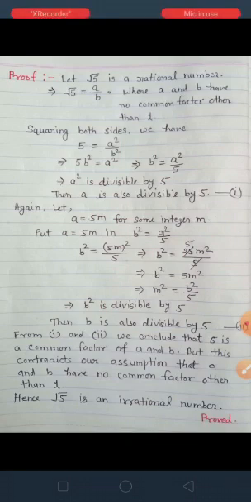Let us suppose root 5 is a rational number, but we have to prove it is irrational. If root 5 is a rational number, then we can write root 5 as a by b, where a and b have no common factor other than 1.